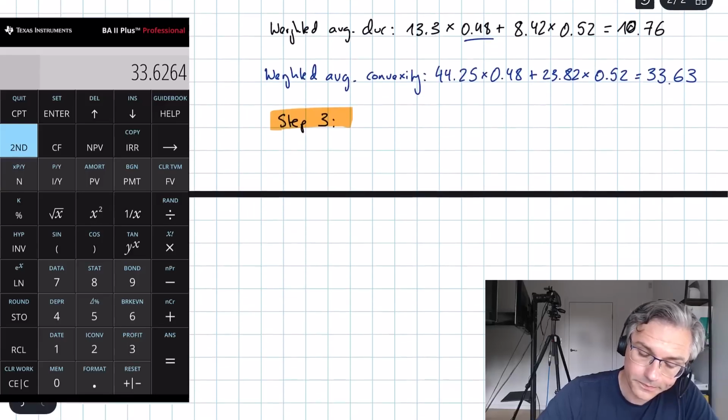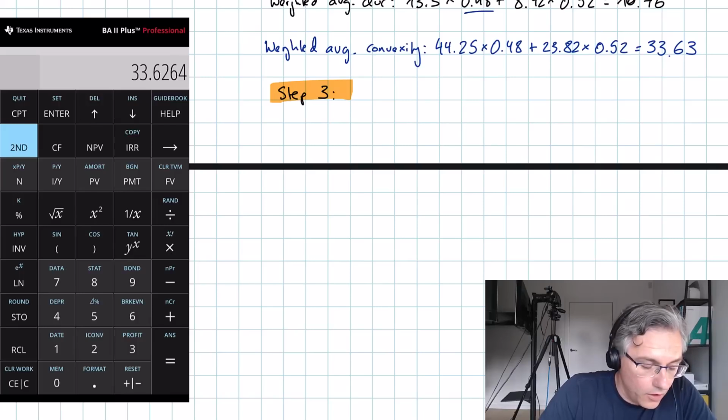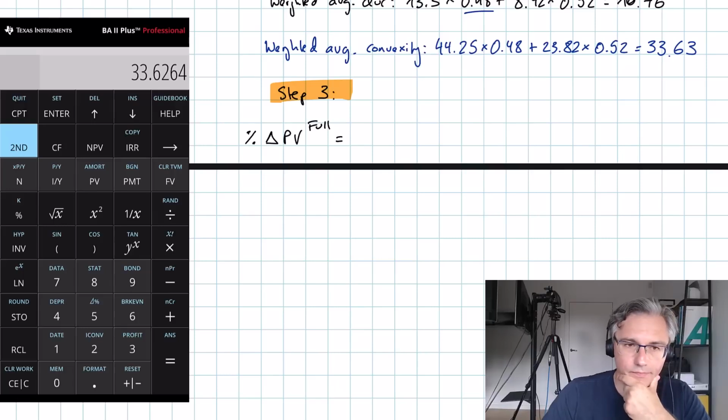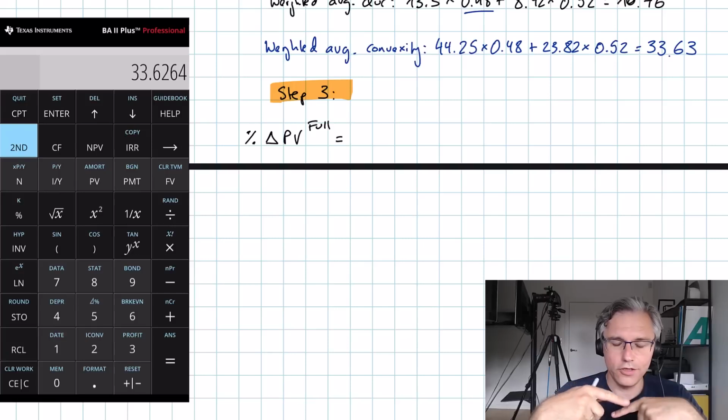Right, well, let's utilize the same formulas as we did before. So the percentage change in the full price of a bond, and this also goes for the portfolio, is going to be given by negative modified duration times the change in yield.